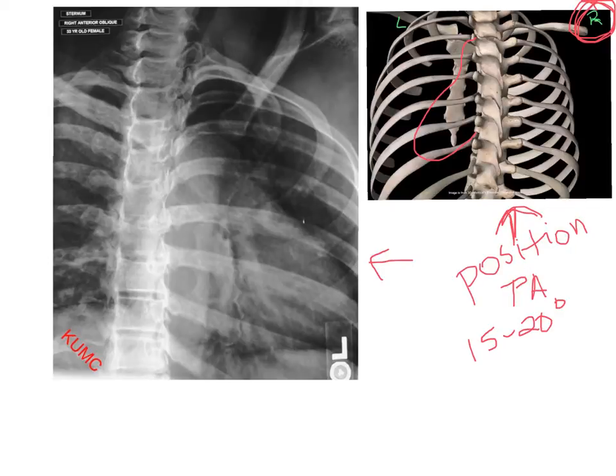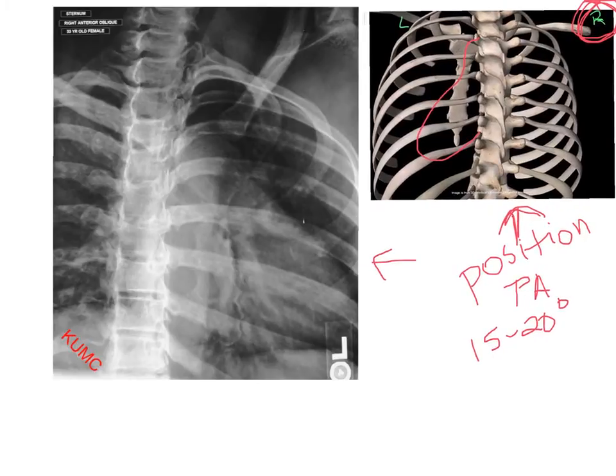We don't need a lot. It's very shallow. If you start to oblique the patient too much, the sternum shifts even further outside the heart shadow and further away from the vertebrae, causing it to become more in profile or in a lateral position, and you don't get a good look at the sternal body.